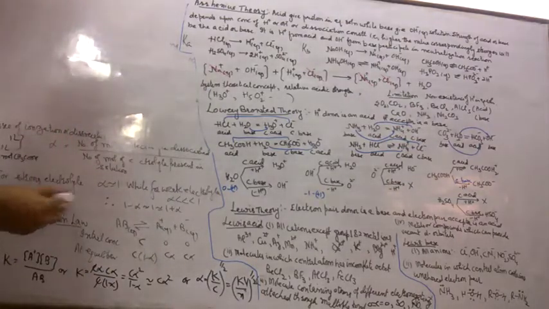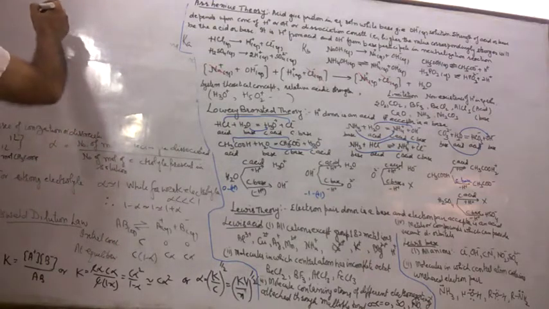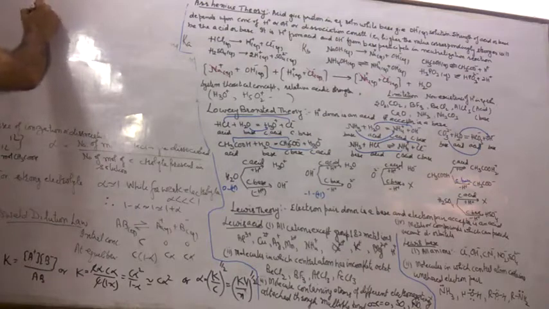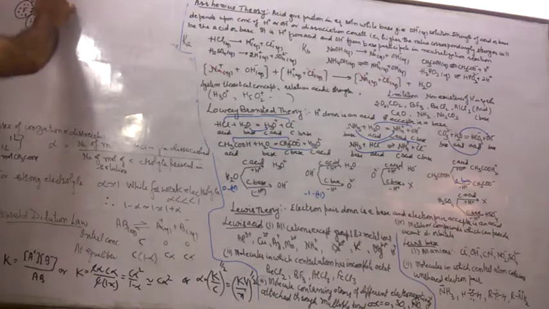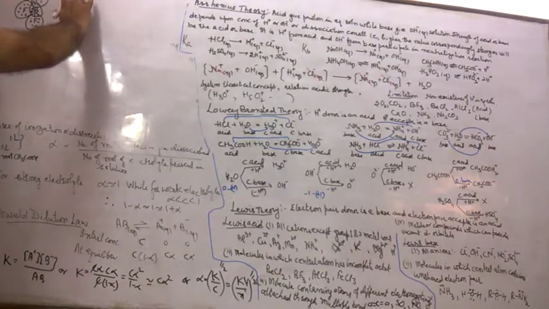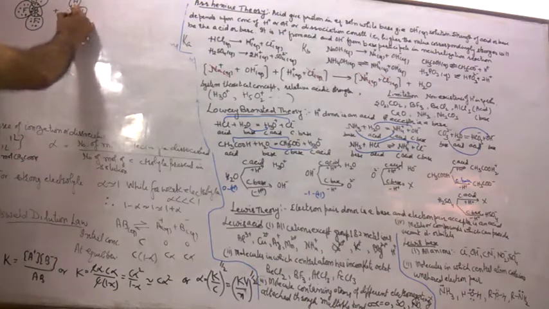Like boron trifluoride has the deficiency of electron, since it is electron deficient, it is Lewis acid, while ammonia contains unshared electron pair.